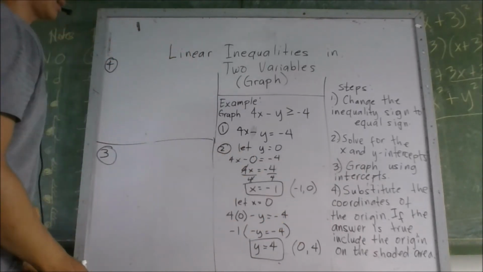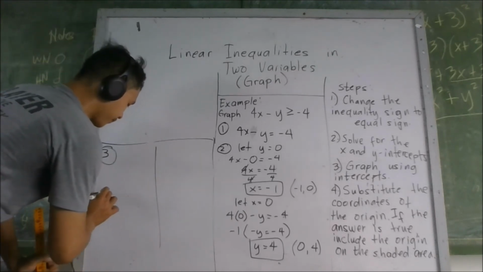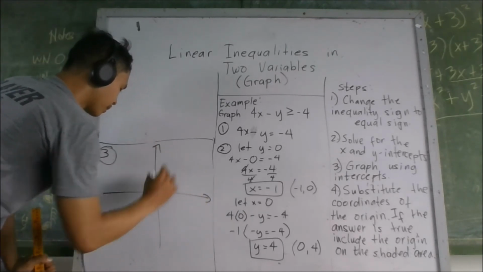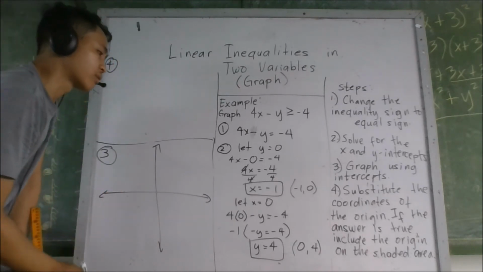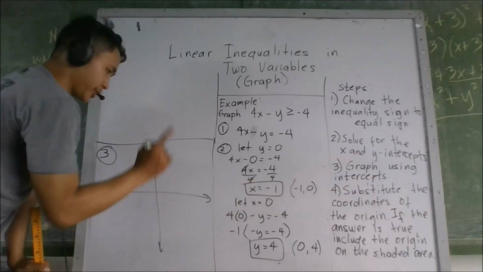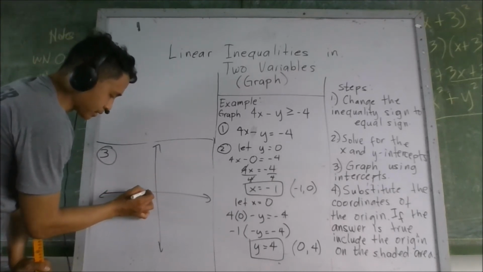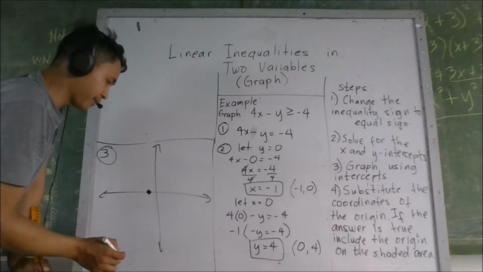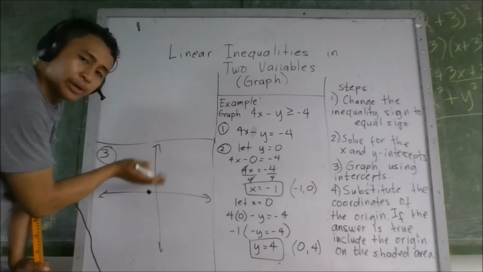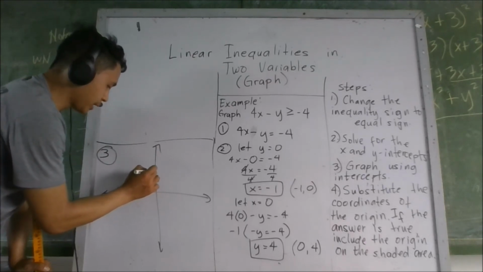Next is we proceed to the third steps. Third steps is graph using intercepts. So again, we are going to graph na using the intercepts of course. So negative 1, 0, yung x natin is negative. So here it is 0, this part. Okay? Another is 0, positive 4. So positive yung y, so up. So 0, positive 4, 1, 2, 3, 4.